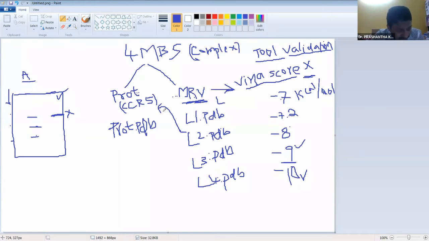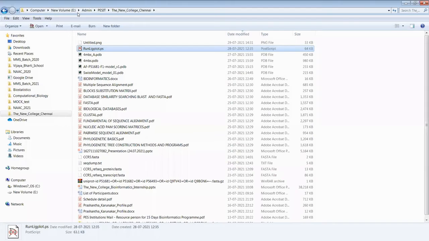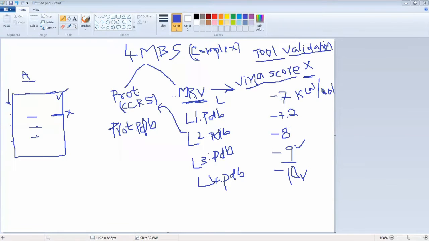From the raw file, we can take the data. We can delete the MRV portion. Correct. By selecting and deleting, and then we can visualize it in PyMOL. Yes.